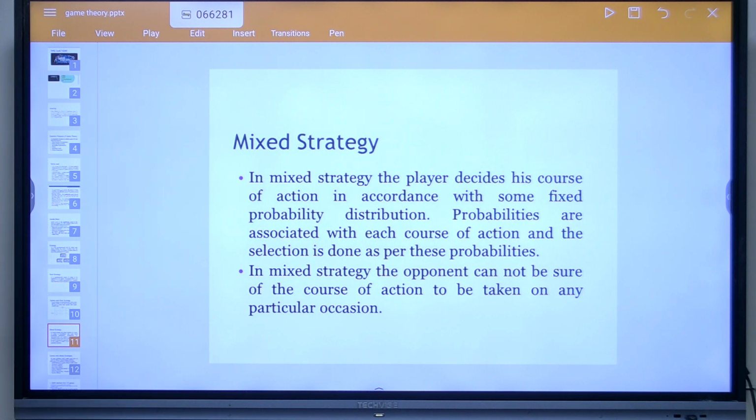In mixed strategy, the opponent cannot be sure of the course of action to be taken on any particular occasion. In this, we are having our probabilistic approach.